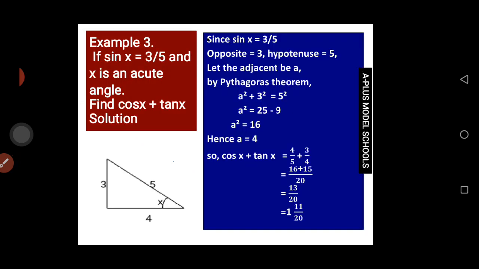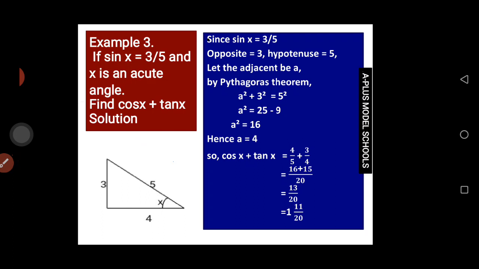Now, example 3. If sine x equals 3 over 5 and x is an acute angle, find cos x plus tan x. In this kind of question, you are going to look for the third side before you can get the value of cos x and tan x.